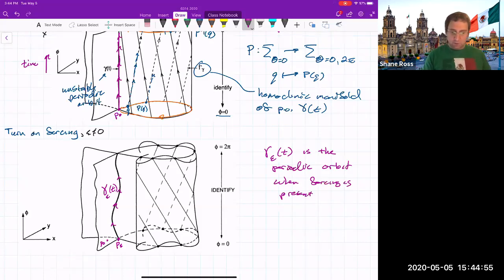And now the stable and unstable manifolds have kind of split up. So here I'll draw, this is part of the unstable manifold. And then we've got the stable manifold.